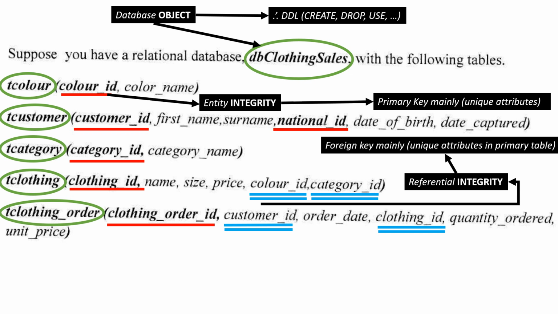Therefore, if you are asked to write an SQL statement to create T clothing, the question is asking you to create only T clothing, of which T clothing depends on T color and T category. So what are you going to do? You are going to write in your footnotes that I am creating T clothing, assuming that the T color table and T category table have been created already or are in existence already.